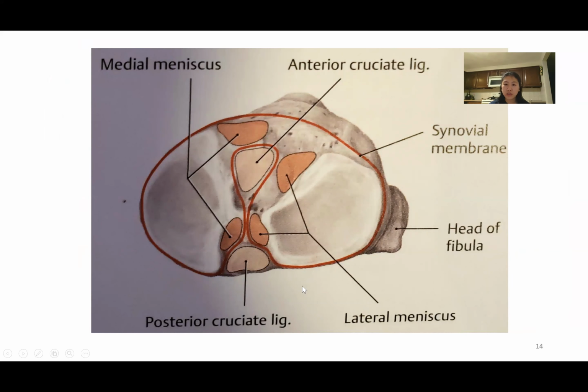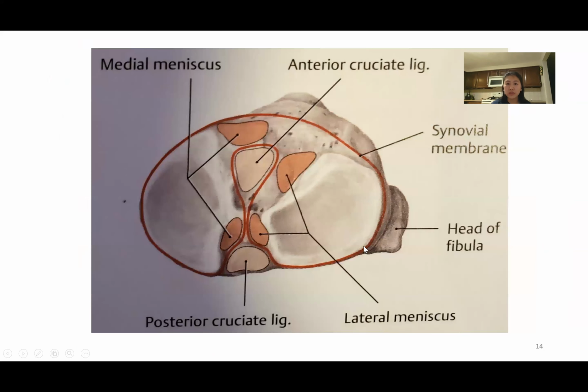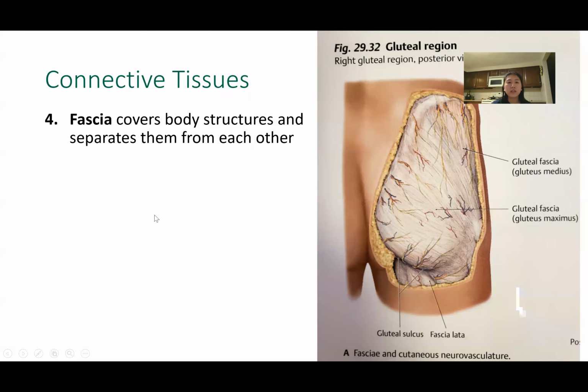There's a meniscus on the outside, and there's also one on the inside. The medial meniscus and lateral meniscus are more on the inside, and the other menisci are more on the outside.